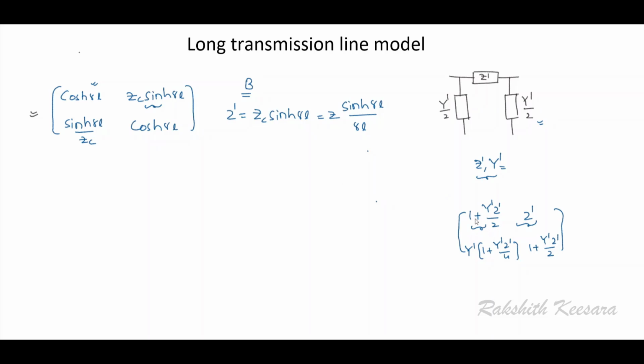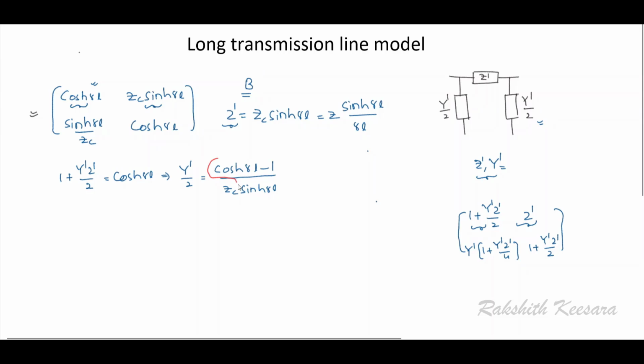Now I am equating the A parameter, that is 1 plus Y dash Z dash by 2 is equal to cosh γL. From this I can write Y dash by 2 is equal to cosh γL minus 1 by Z dash, right? And I am substituting the value of Z dash, that is Zc sinh γL.